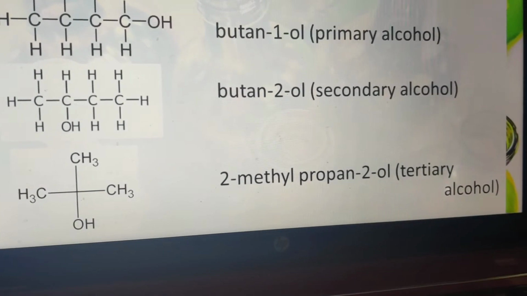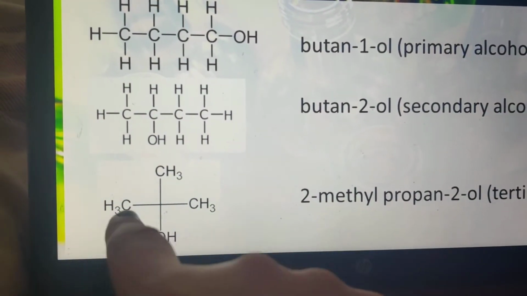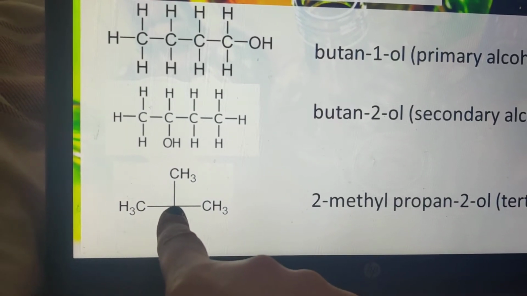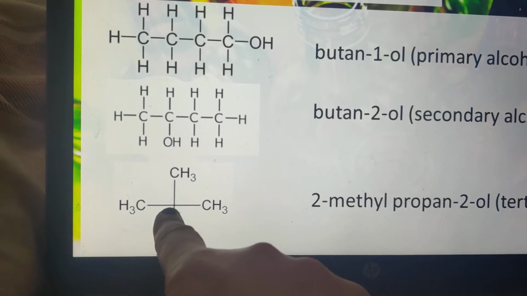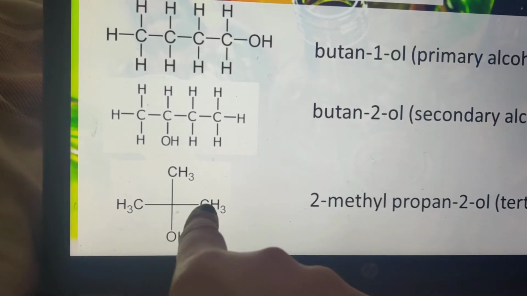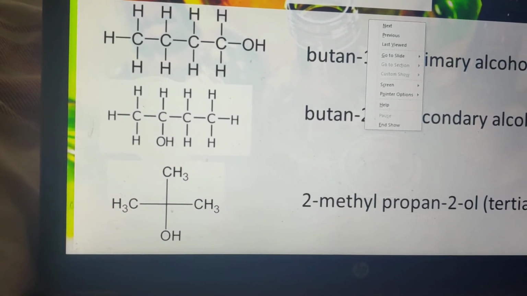And then suddenly the name looks horrible, and I couldn't find a displayed structure without making my own, and I was lazy and I just pinched one off Google. But wherever the lines meet, or wherever there's a corner, there's a carbon there. So there's a carbon there, one there, one there, one there. And whichever way you look at it, 1, 2, 3, or 1, 2, 3, it's a 3 carbon chain.